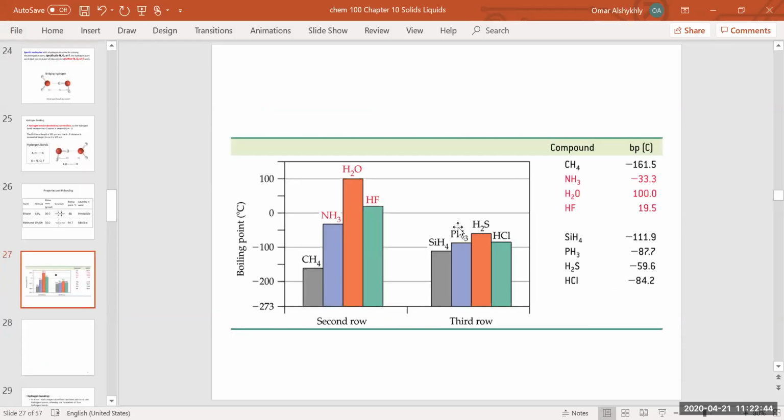Okay, let's look at this one. We have H2O, H2S, HF, and CH4. By the way, sometimes if you have two molecules where everything is the same but there are differences in molecular weight, the one with the higher molecular weight will have the higher boiling point.